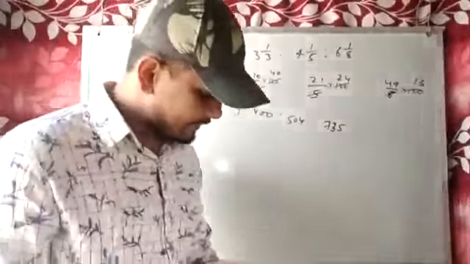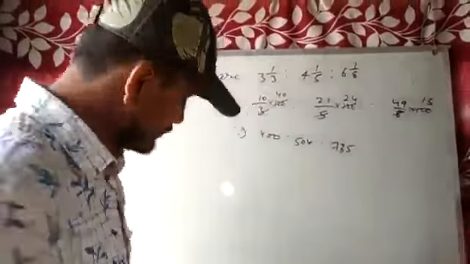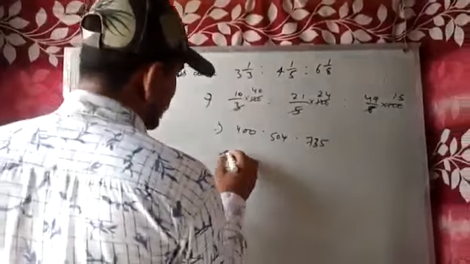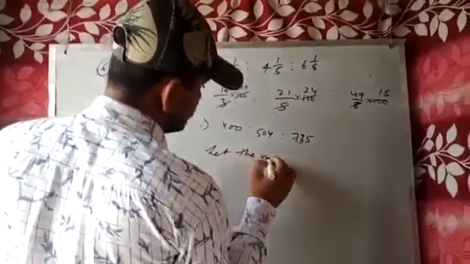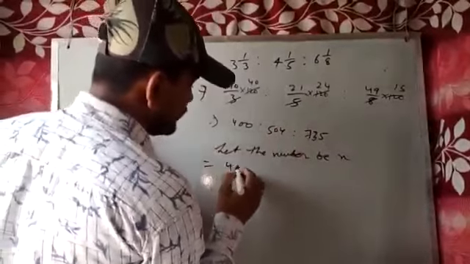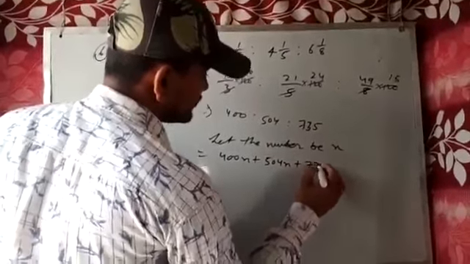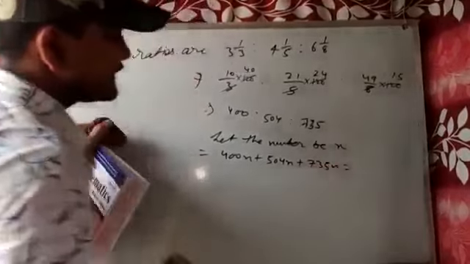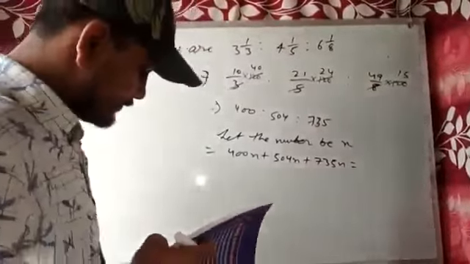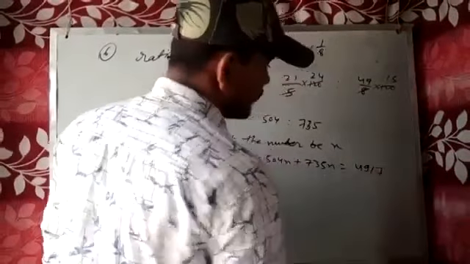Okay. Now the sum of three numbers. So now let the number be x. The numbers will be 400x plus 504x plus 735x is equal to the given 4917.